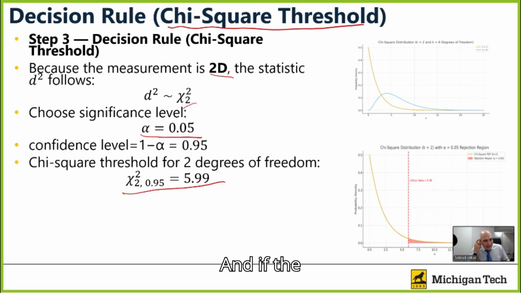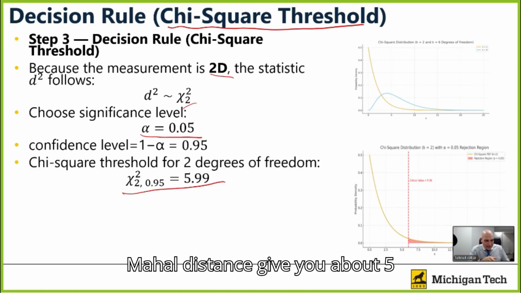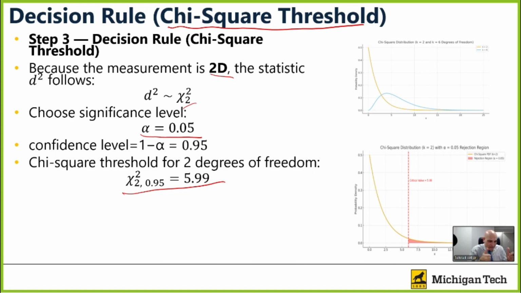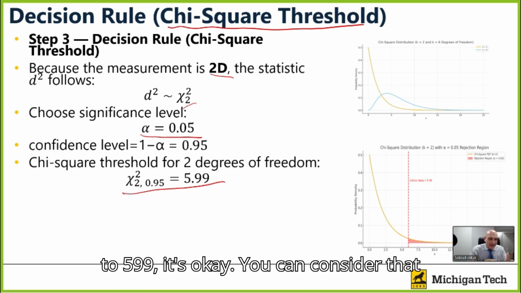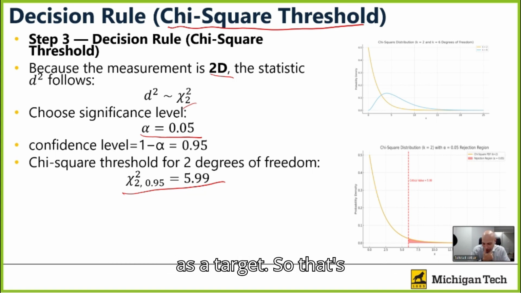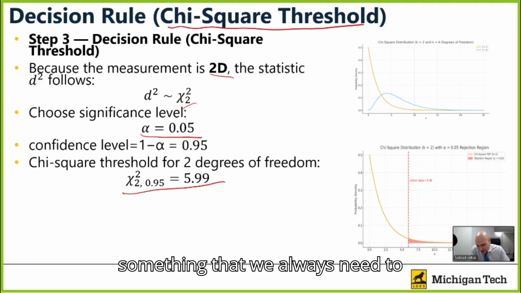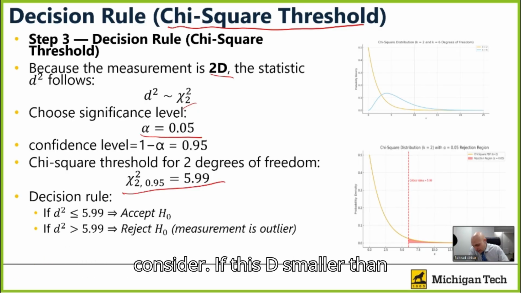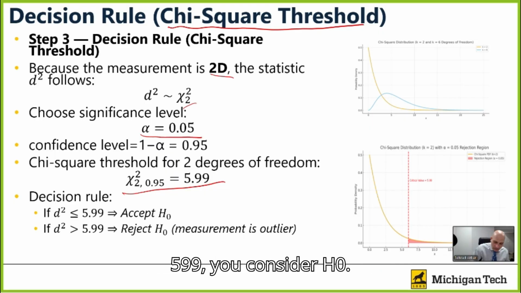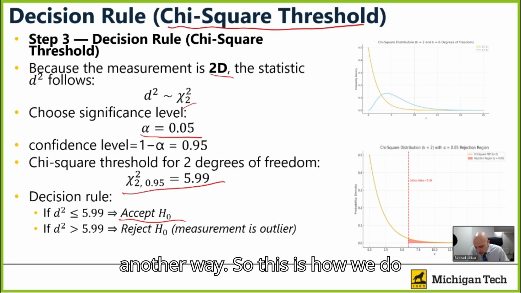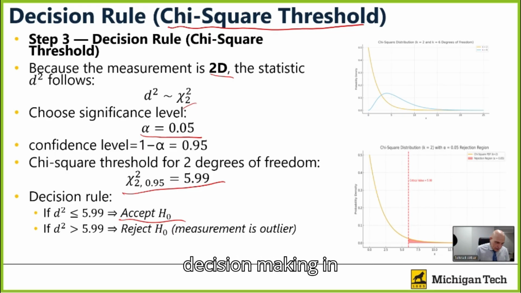If the Mahalanobis distance gives you about 5 to 5.99, it is okay, and you can consider that a target. So that's something we always need to consider. If this D is smaller than 5.99, you consider H0. Other than that, H1, and you reject H0. So this is how we do decision making in a stochastic way.